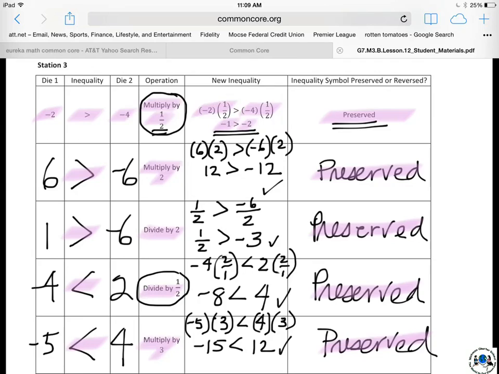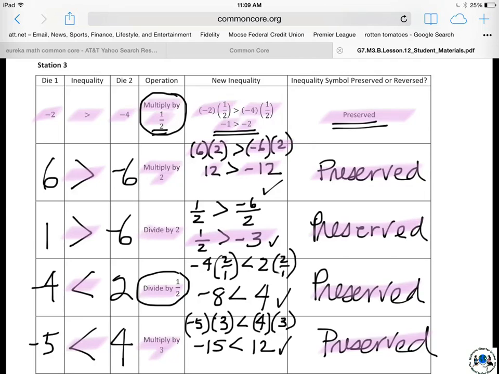Because when I multiply, these are all positives now, remember, so there might be some sort of connection there. 6 times 2 gave us 12. -6 times 2 gave us -12, and that was preserved. So here we had 1 greater than -6. We ended up with 1/2 being greater than -3.